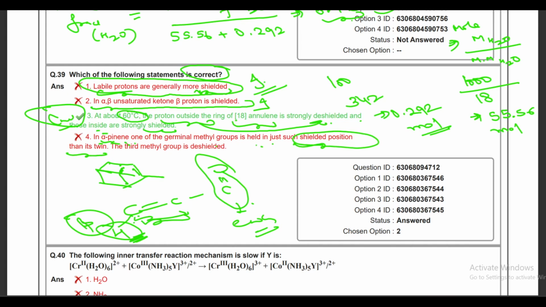So this statement is also incorrect actually. One of the geminal methyl groups is de-shielded, not shielded, and they are mentioning it as shielded. So both methyl groups are in different chemical environments. So the fourth statement is also incorrect, and the correct statement is the third only. So the third option is your correct answer in this question.